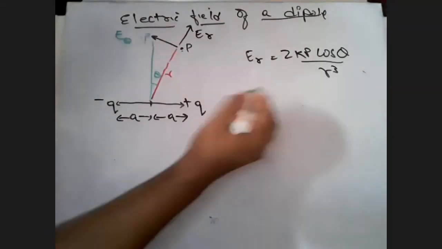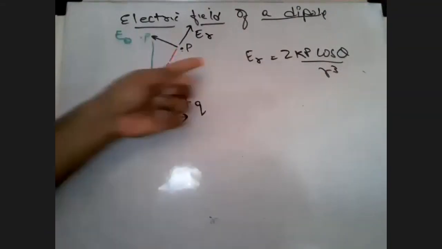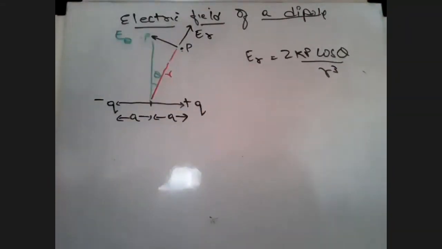Now, earlier, to find out electric field in the radial direction, I knew the potential at that point. I got the potential at that point to be Kp cos theta upon r square.